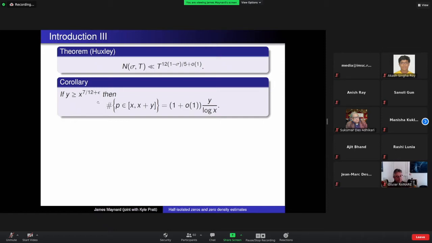And Huxley's result is almost 50 years old, but essentially there's been no improvement on this zero density bound. And for the question of short intervals where we get an asymptotic formula for the number of primes, Heath-Brown has essentially been able to replace a plus epsilon.